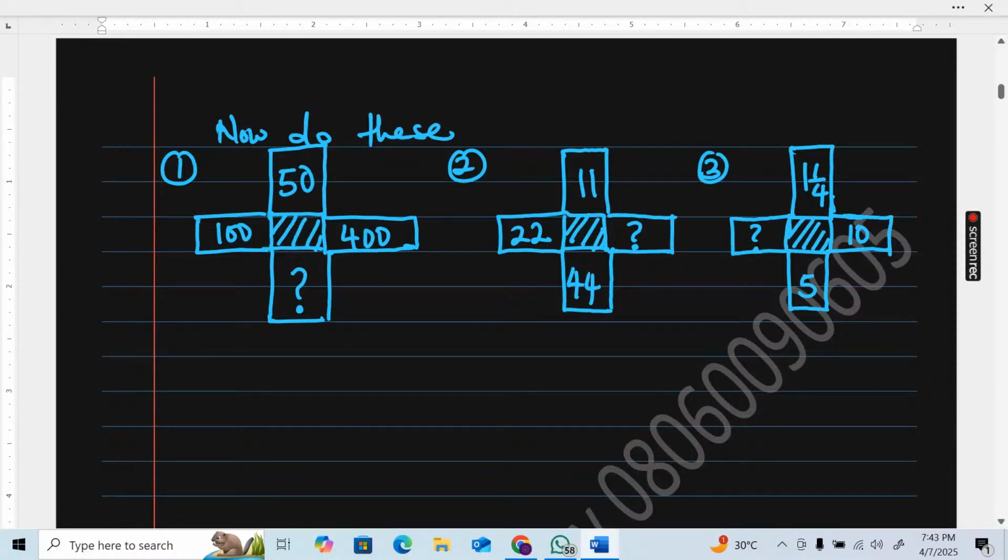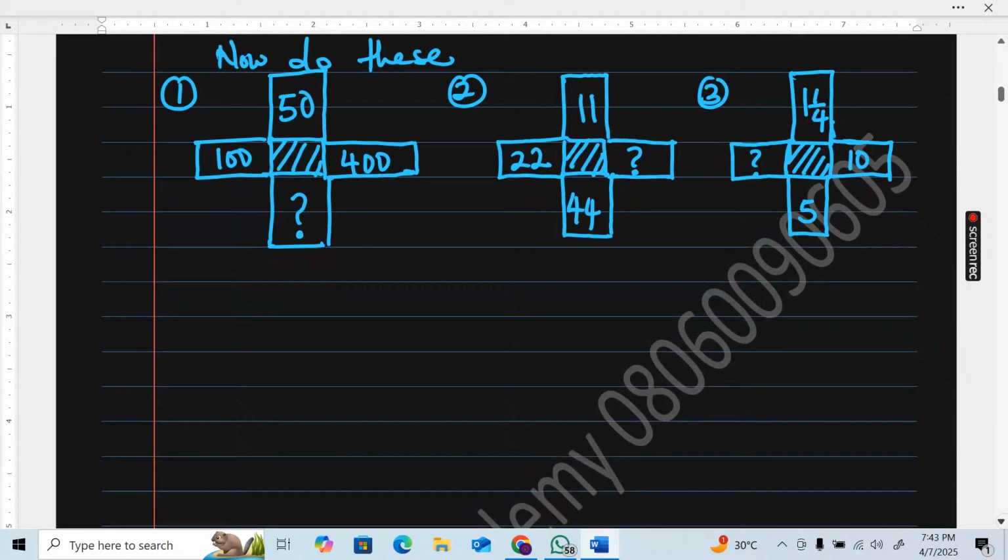Don't forget that 4 is a common number to all our samples, and it's the same thing for our classwork, this exercise. 4 is common to all. So if you divide the number below by the one above, you will get 4. If you divide the number on the right by the one on the left, you will get 4. The same thing goes for the other ones.